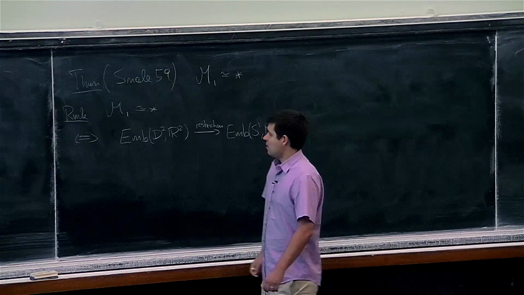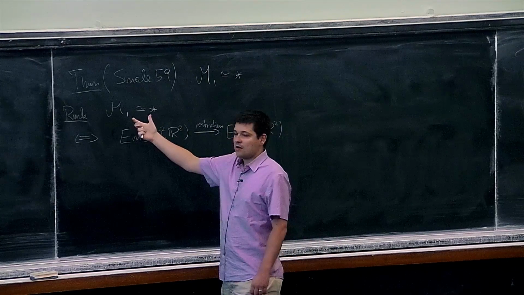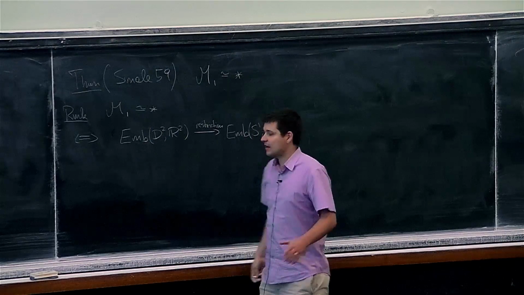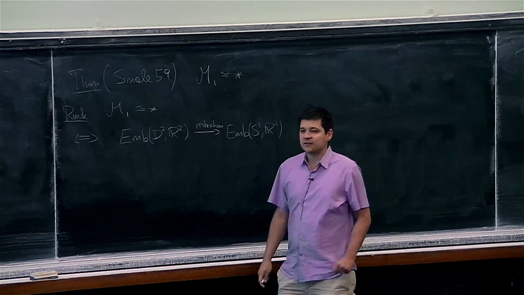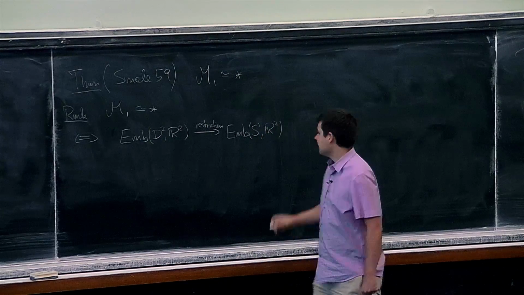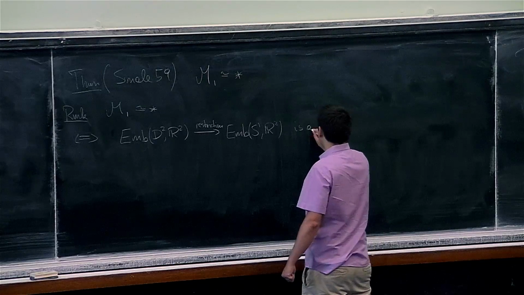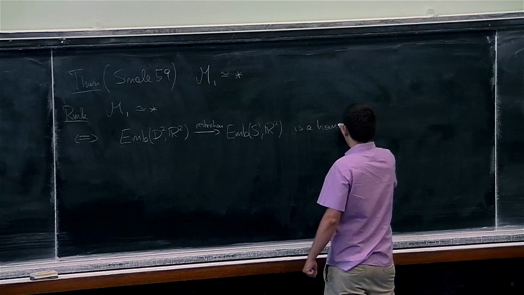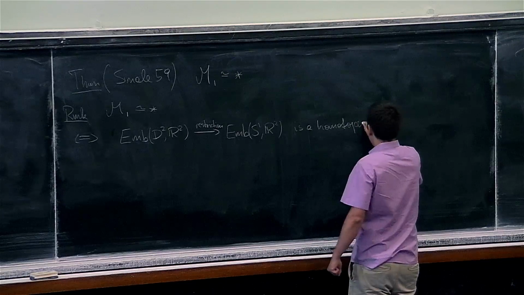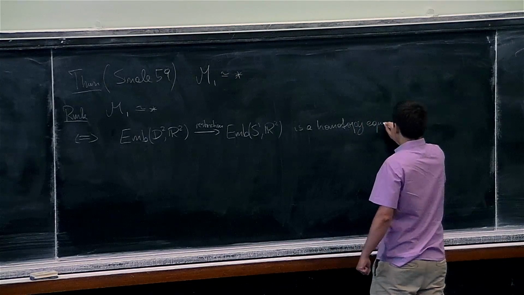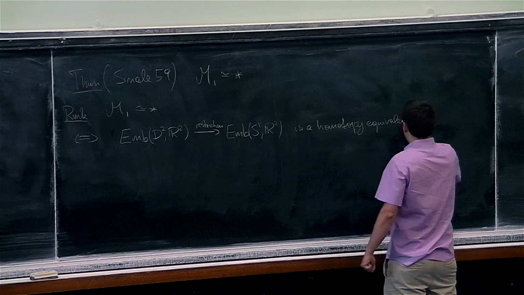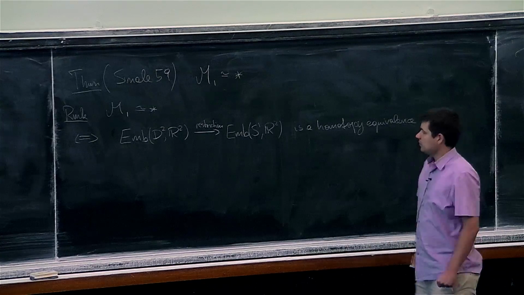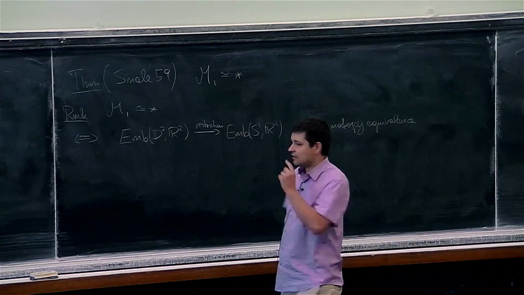And saying M1 is contractible is equivalent to the assertion that this restriction map is a homotopy equivalence. So why is this? Let's try to understand this together.